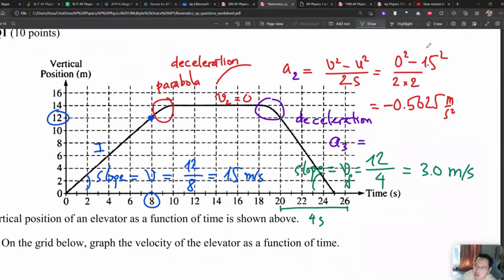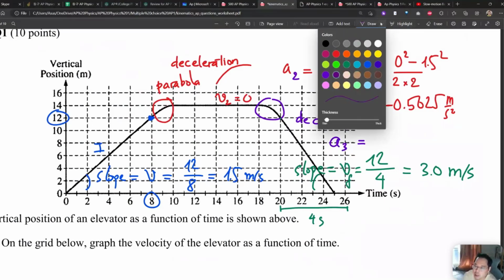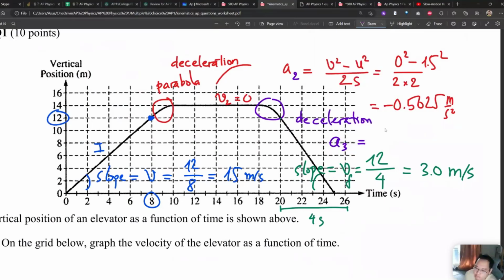So the deceleration in the third part is 3. Oh, it is acceleration, not deceleration. Acceleration, but in the opposite direction. 3 squared minus the starting value, which is 0, and divide by 2 times the distance, which is 2 meters again.